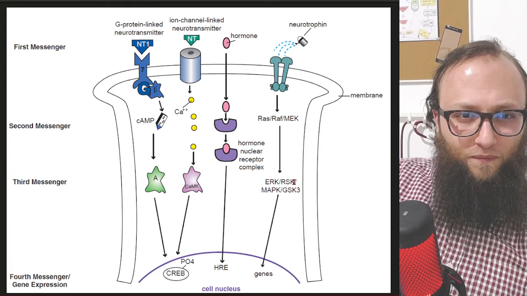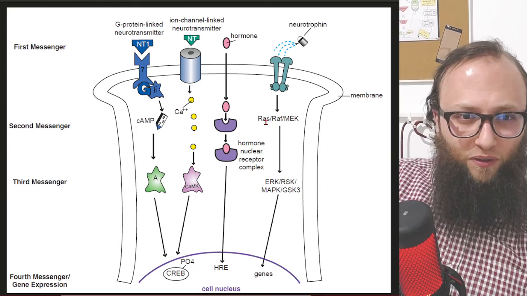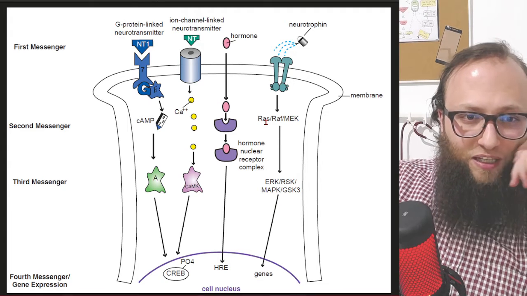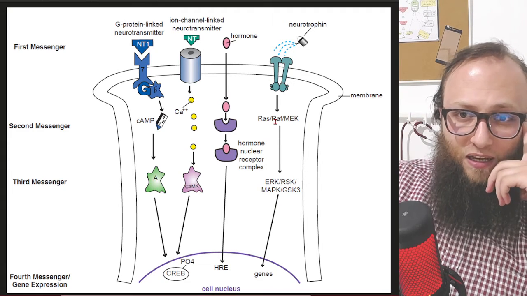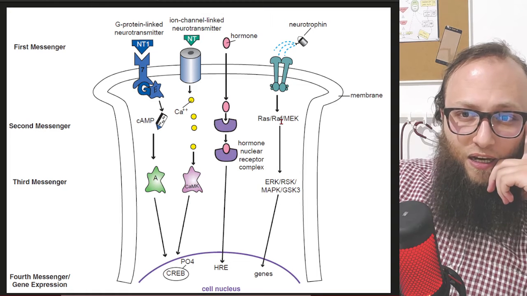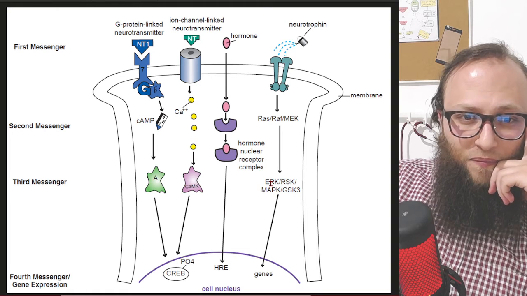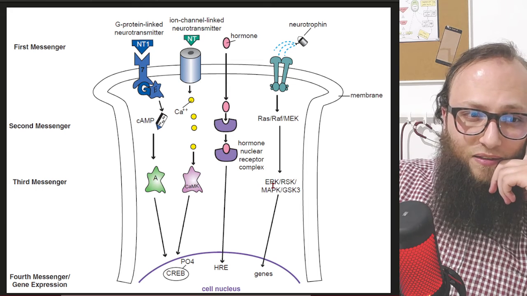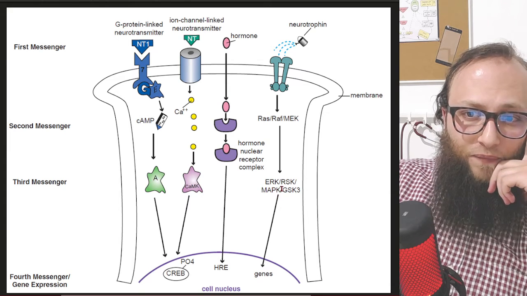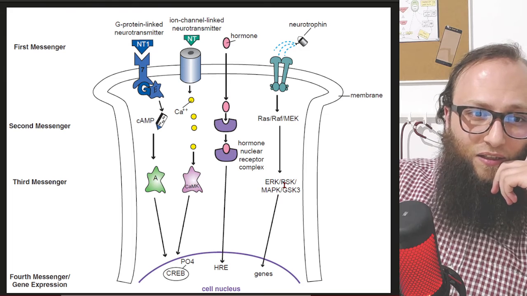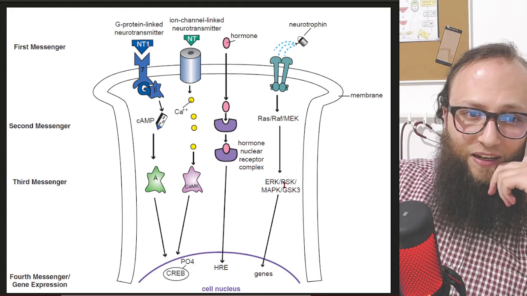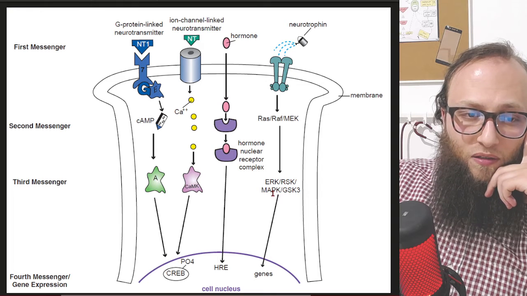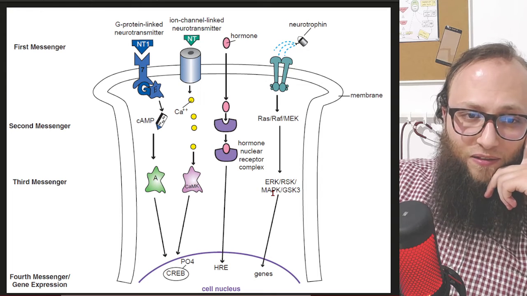For example, we have something called RAS. That's a G protein. RAF is a kinase. ERK stands for extracellular signal regulated kinase. RSK is ribosomal S6 kinase. MAPK is MAP kinase itself.